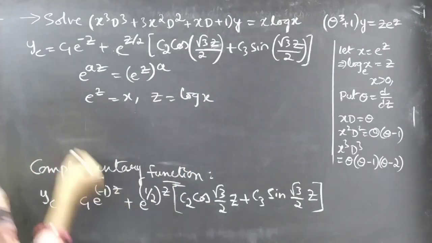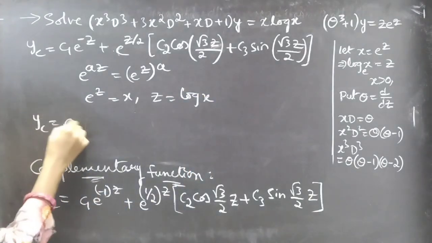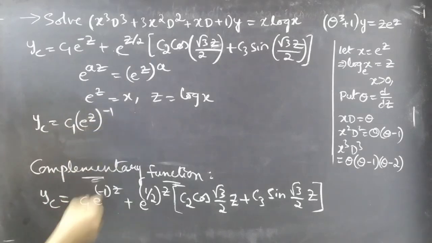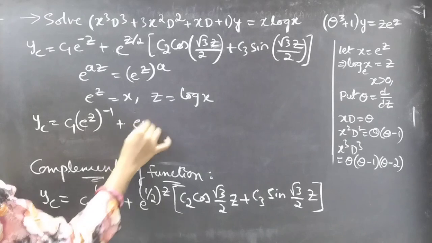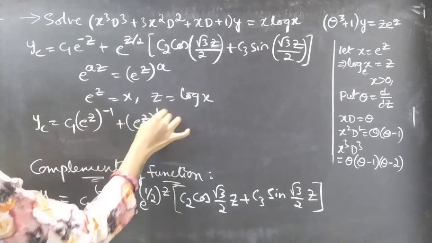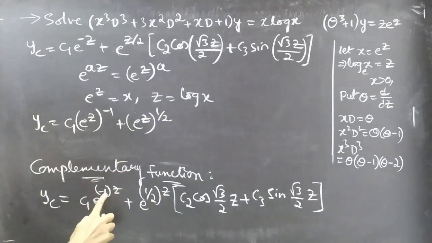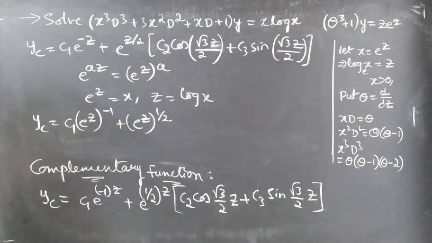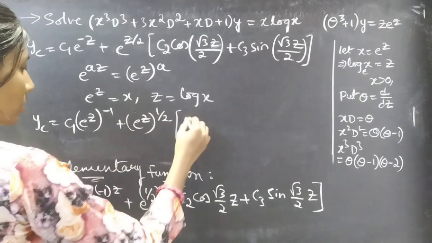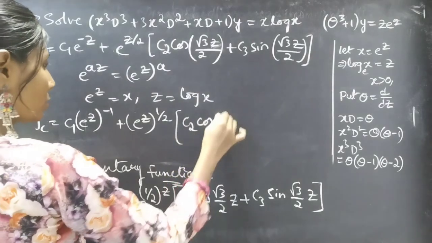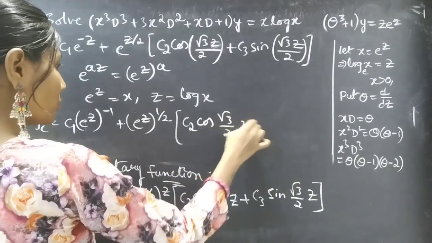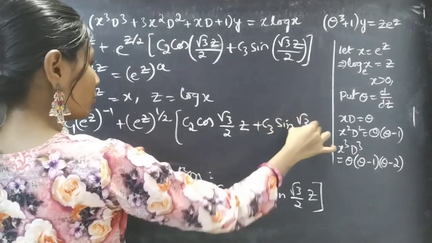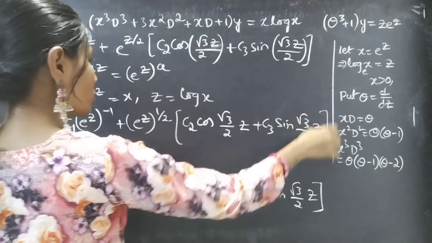From this you can write directly yc equal to c1 e power z whole power minus 1 plus e power z whole power 1 by 2, because e power a into z is e power z whole power a, into c2 cos root 3 by 2 into z plus c3 sin root 3 by 2 into z.